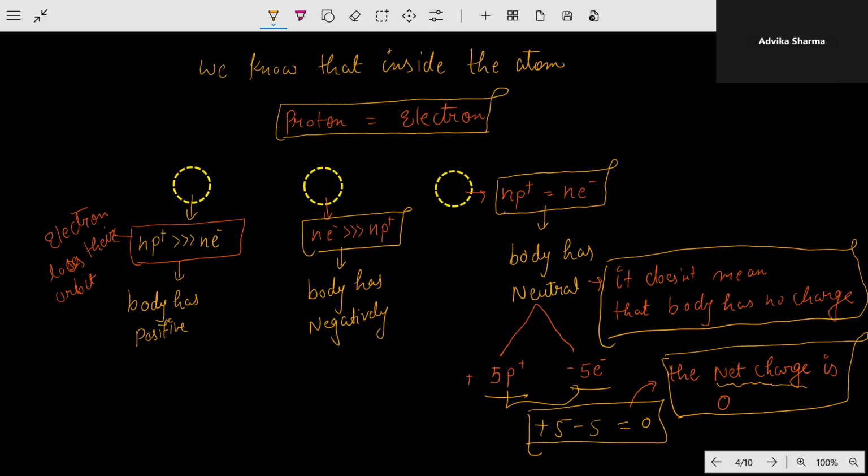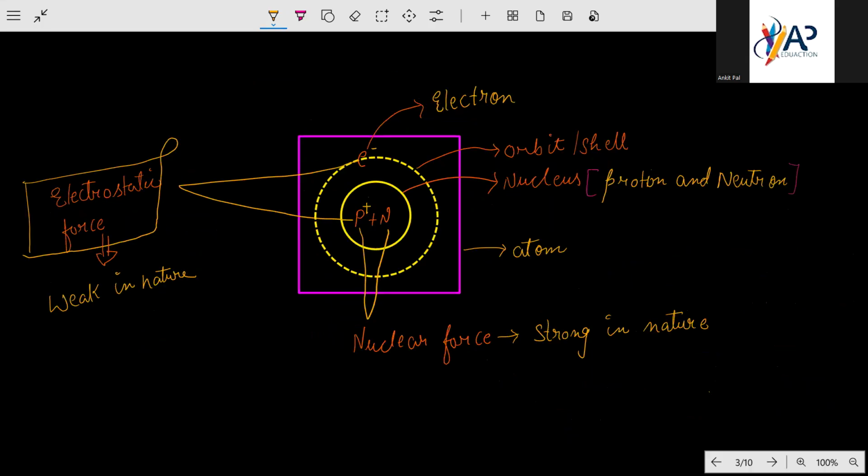Is there any doubt regarding this? Very good. Isn't it clear what nuclear force and electrostatic force are, and what orbit, nucleus and proton are?